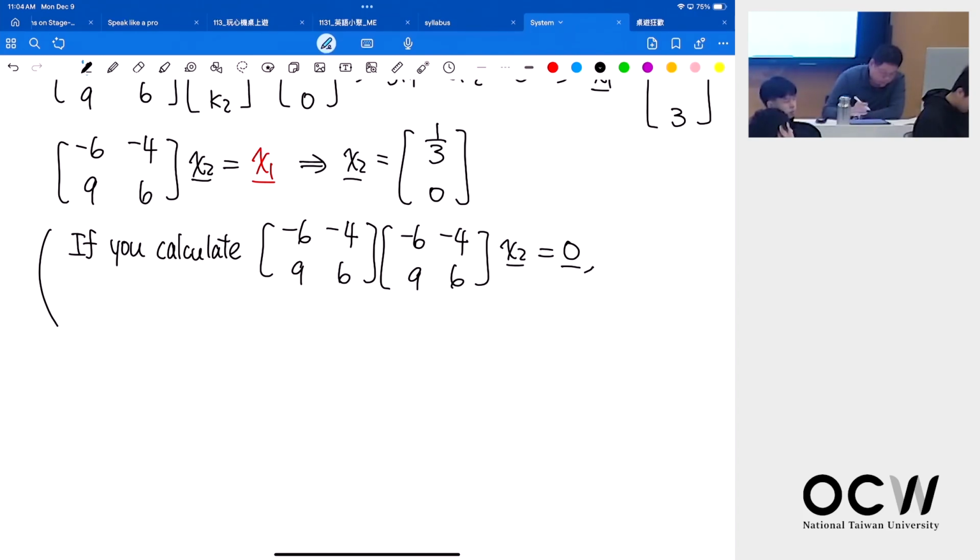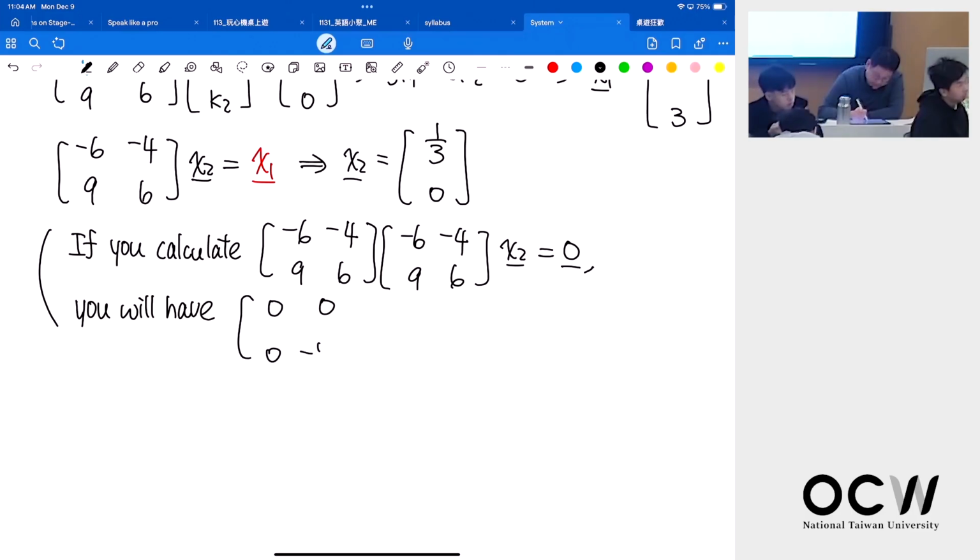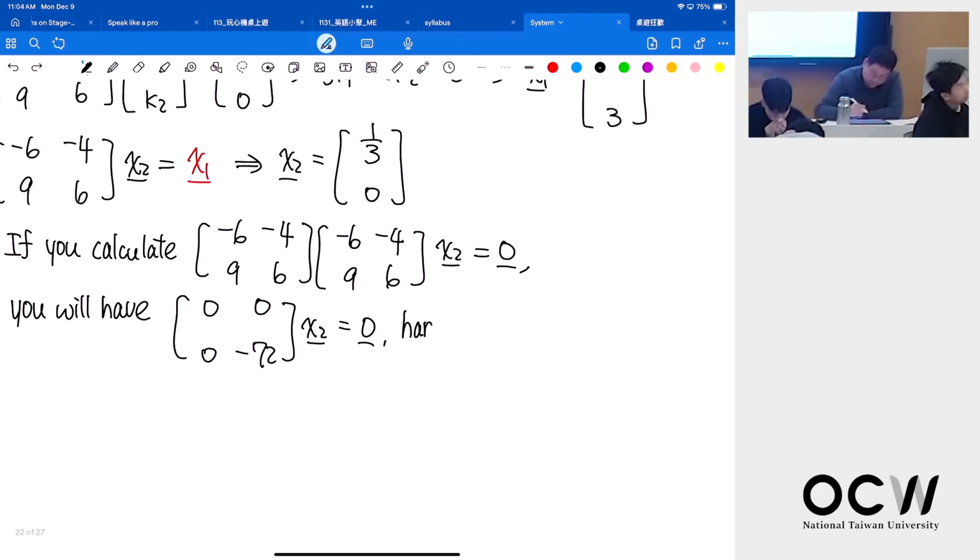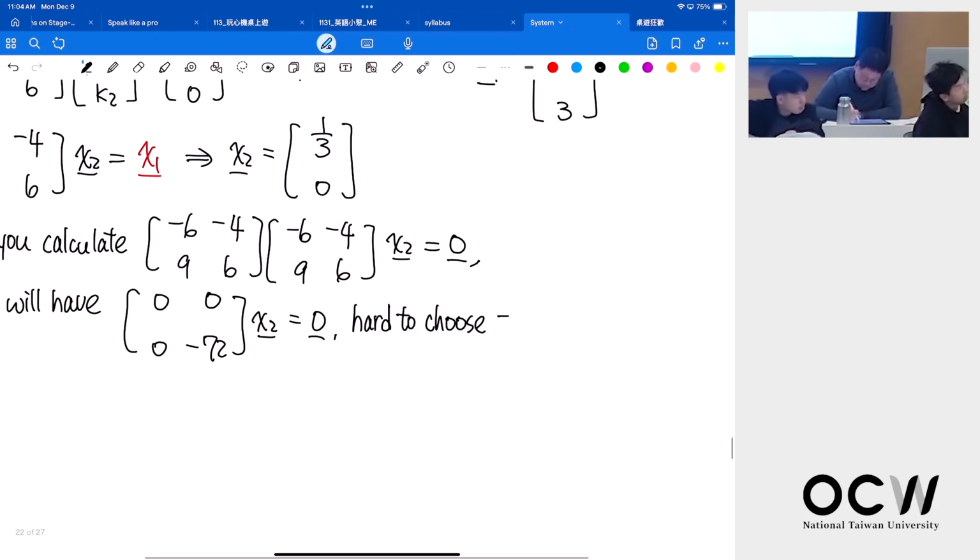Because if you multiply this together, you have 0, 0, 0, -72, times x2 equals the 0 vector. And it is really hard to choose the correct x2.